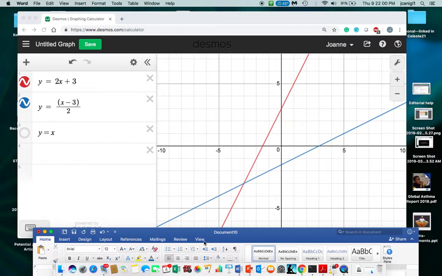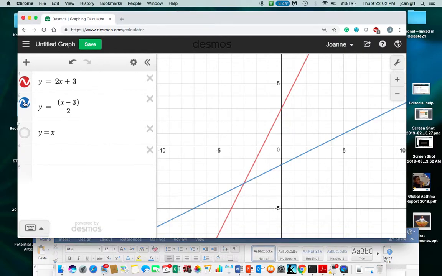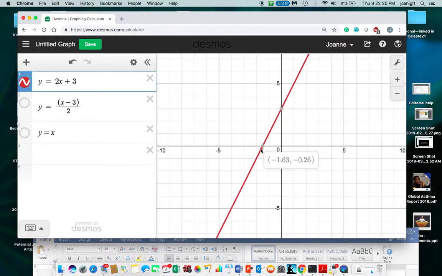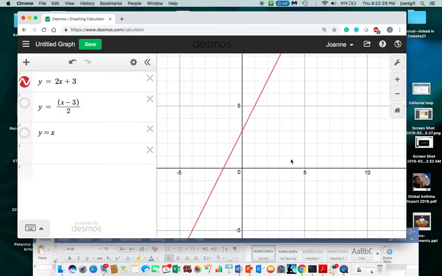Desmos is a free graphing calculator that you can use anytime, and it has a lot of wonderful activities that you can use with it. But the first function is y is equal to 2x plus 3, and that's this function right here. I'm going to move this over a little bit.